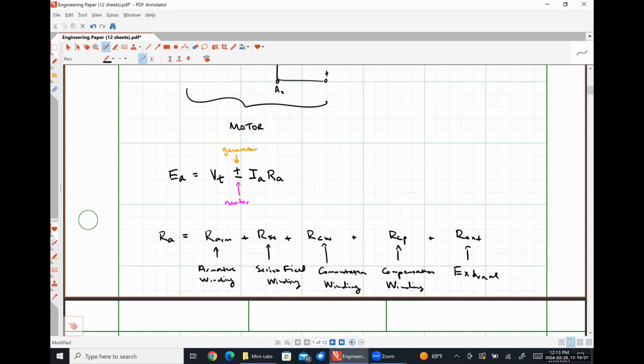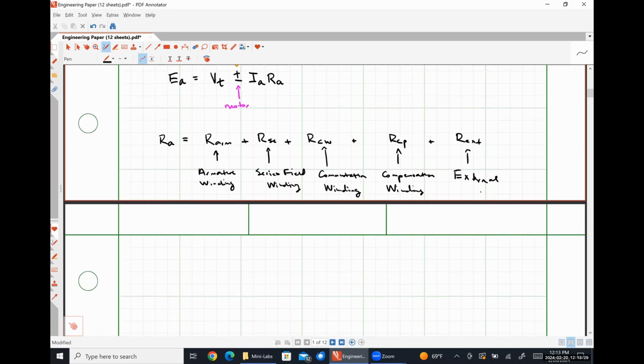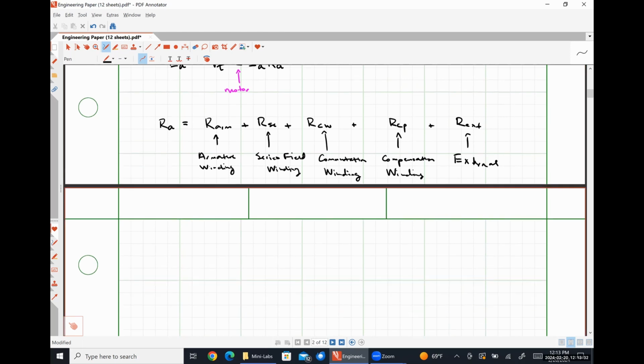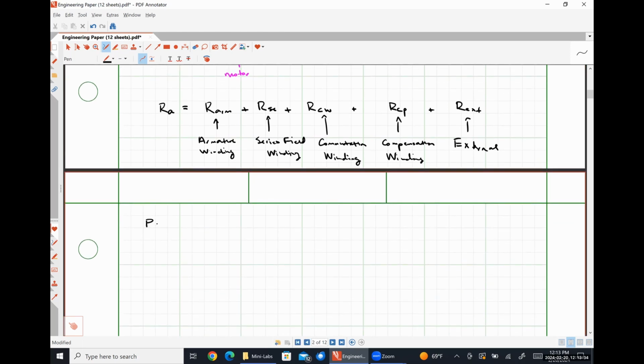All right, so our power and torque relationships are actually pretty easy for a DC machine. So what we're going to find is that the electrical power developed in the system must equal the mechanical power developed in the system.